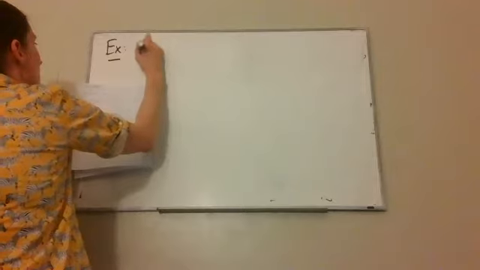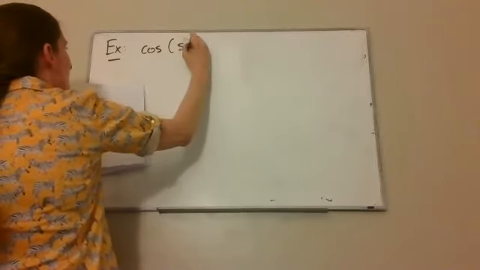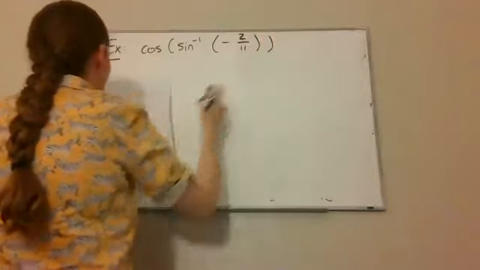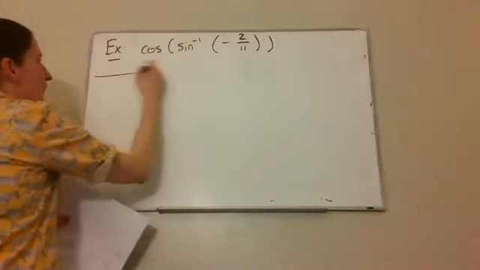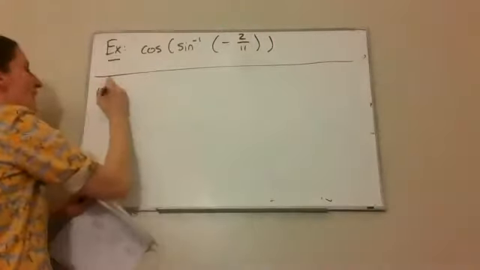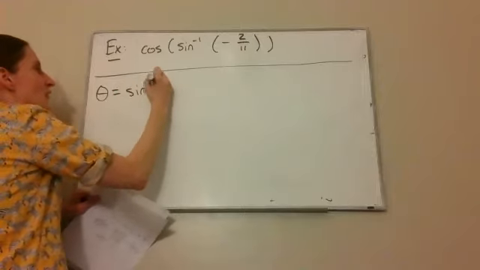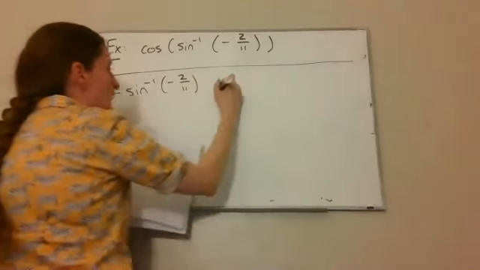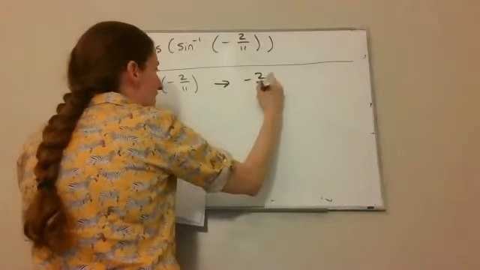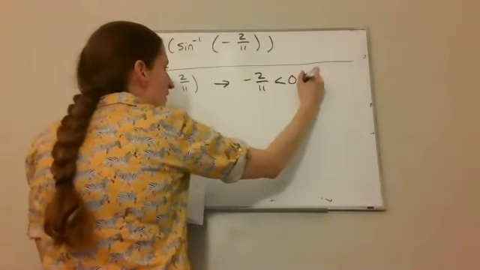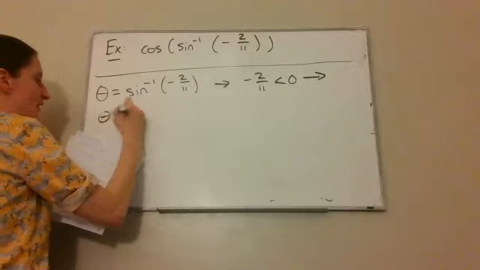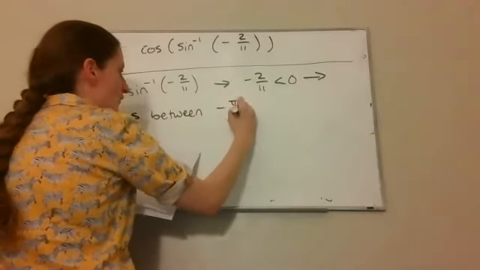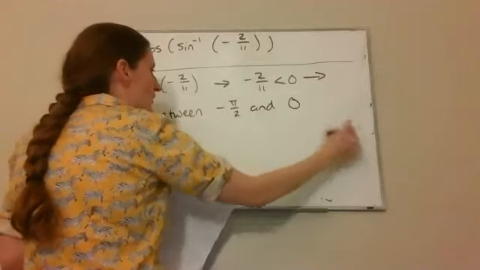Let's evaluate cosine of sine inverse of -2/11. So first thing I'm going to notice is if I let theta equal sine inverse of -2/11, the fact that -2/11 is negative implies that theta is between -pi/2 and 0.